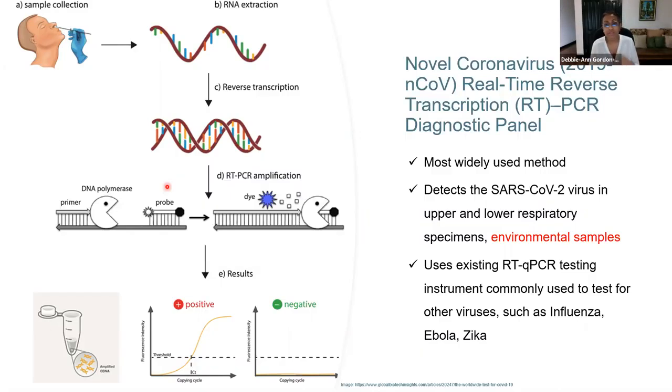The method uses the same RT-qPCR testing instrument that is commonly used for other viruses, such as influenza, Ebola, Zika. The difference here is the primers and probes required for the COVID-19 virus.